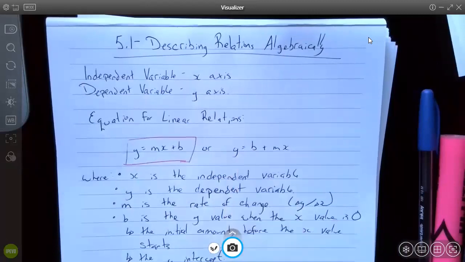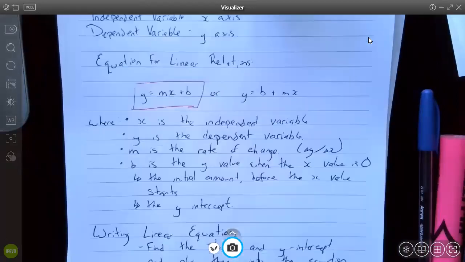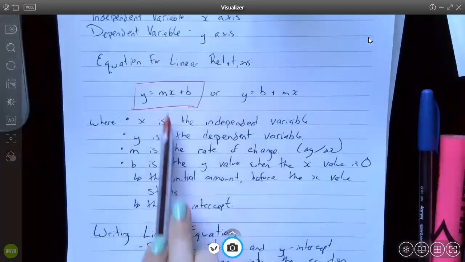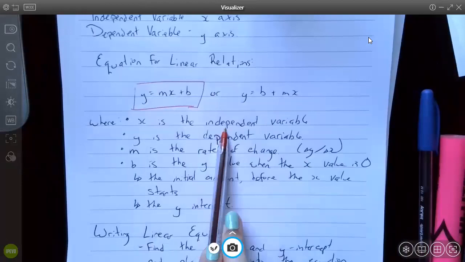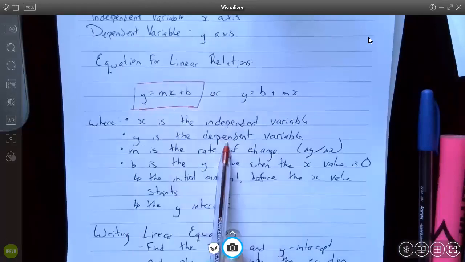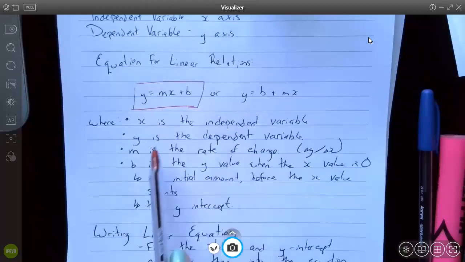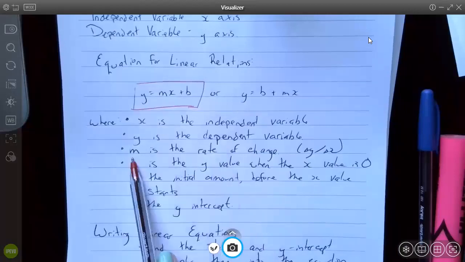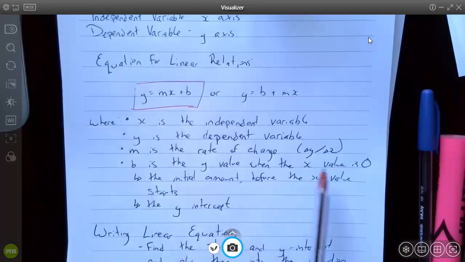What all of that means: the x is the independent variable, the y is the dependent variable, and the m is the rate of change, which is the change in y divided by the change in x.